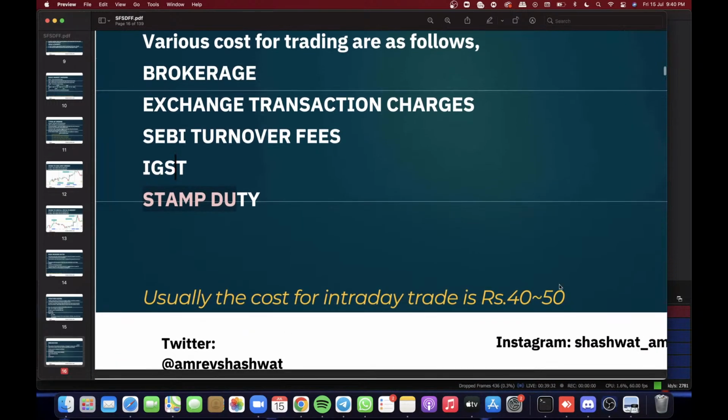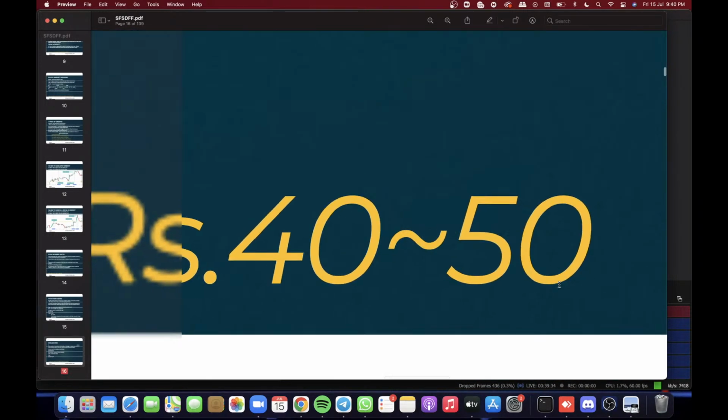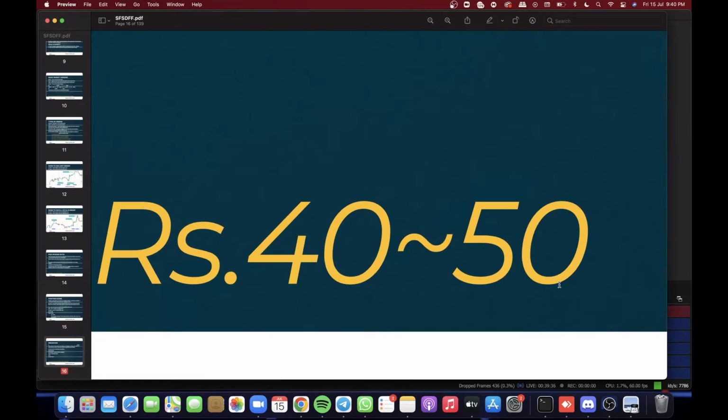And the total charges per trade is rupees 40 to rupees 50. So even if you are at break even, you lose 50 rupees.